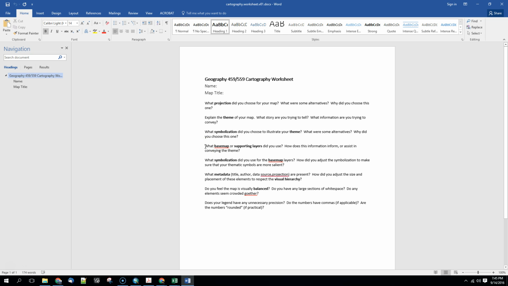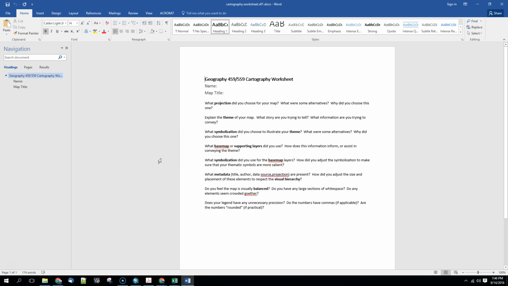What base map or supporting layers did you use? So very rarely will a symbolization layer stand on its own. You might need state boundaries. You might grab a base map from one of those on ArcGIS Online. You might show some major rivers or major highways. What's not really a part of the theme that helps your map reader orient themselves? What symbolization did you use for the base map layers?